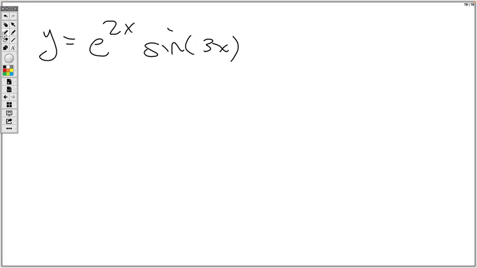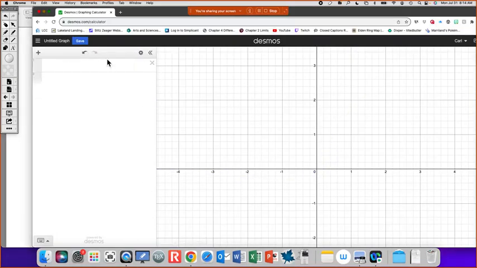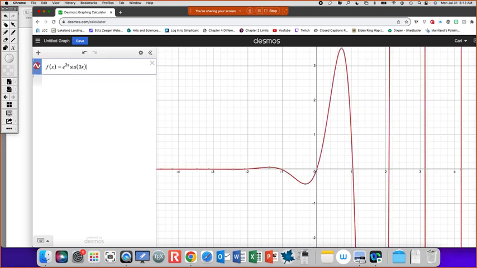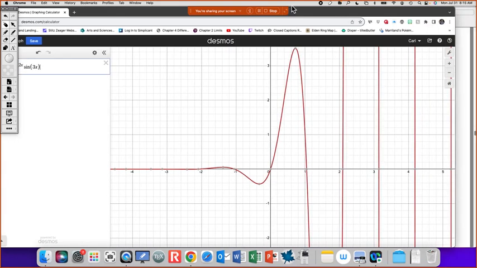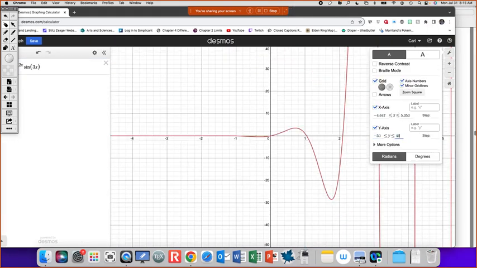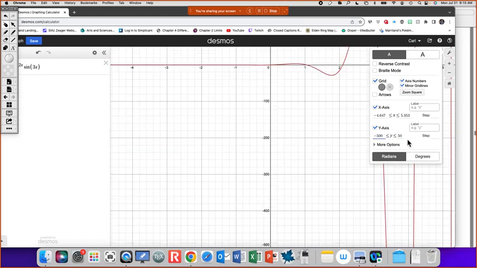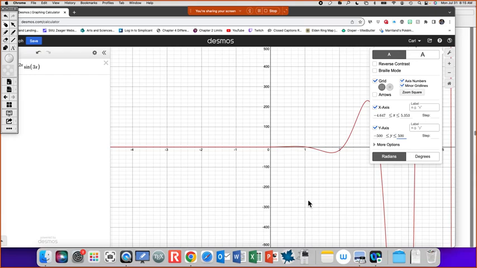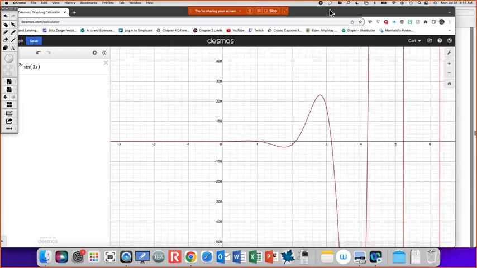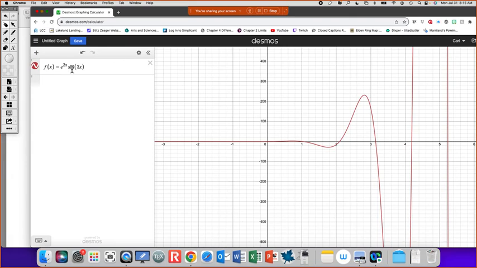If we take a look at what's happening here graphically, think of this as a sine wave.